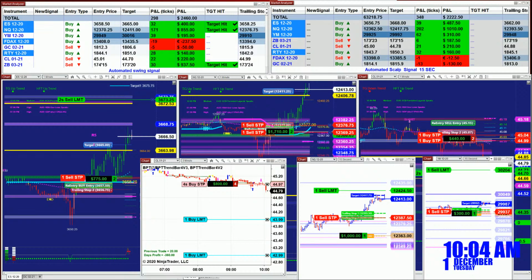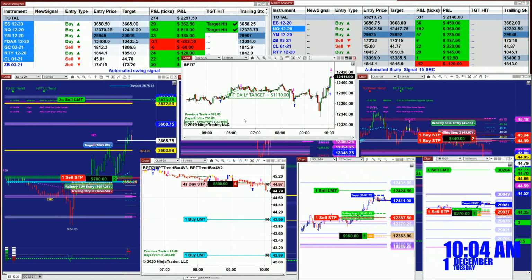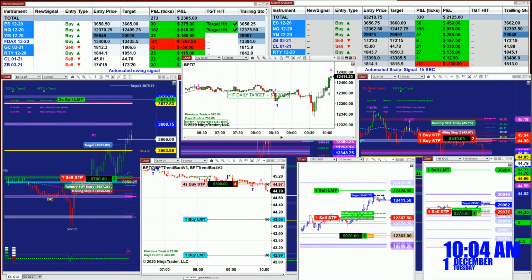On the TI7, I don't want to overpopulate the screen, but the TI7 has nothing to do with the signal.